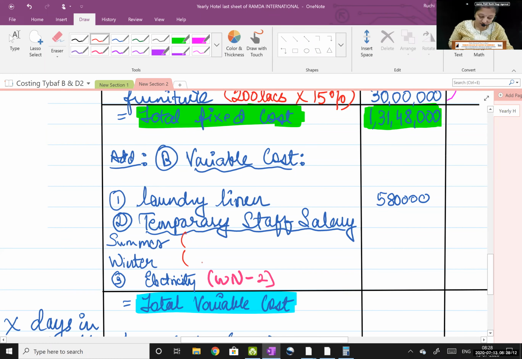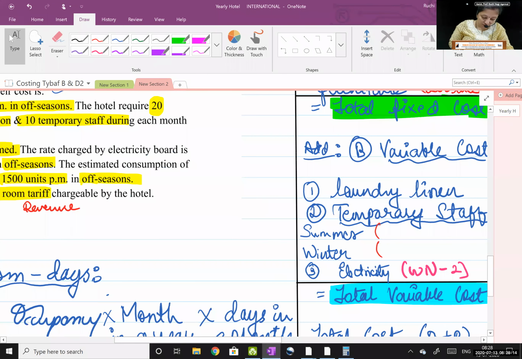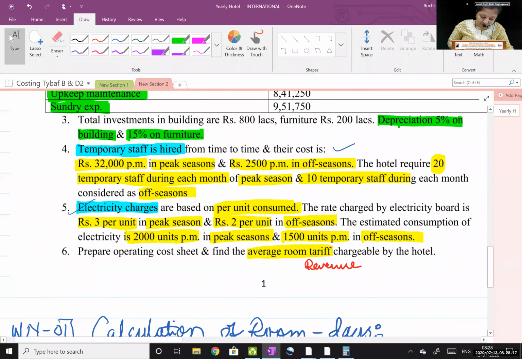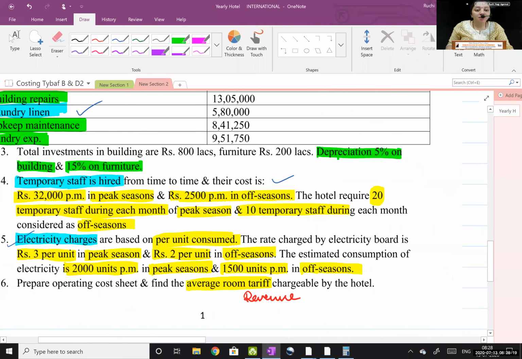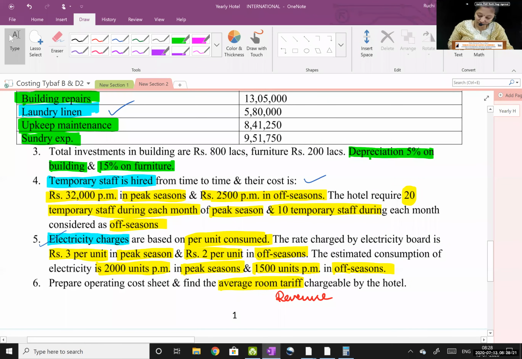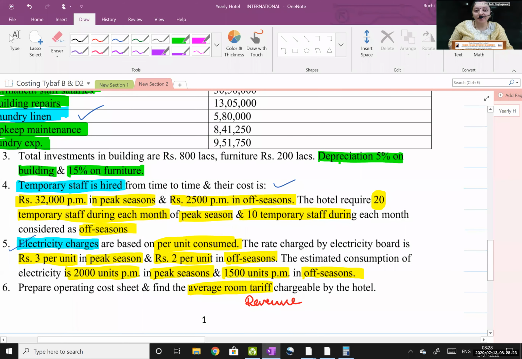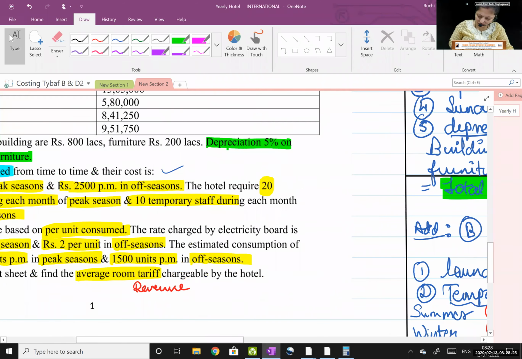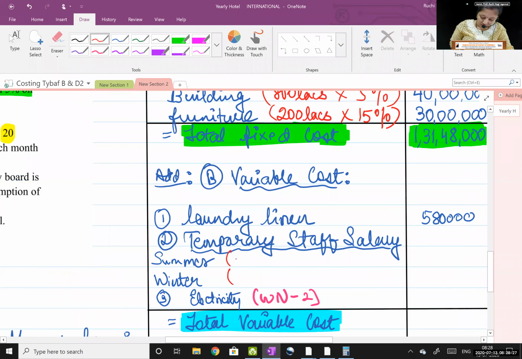Okay. Summer, how much are you paying? Peak seasons में 32,000, and peak seasons में how many staff you need? I need 20 staff. So let us calculate. 32,000 per month, yeah, per month. 32,000 into 8 months into 20 staff.